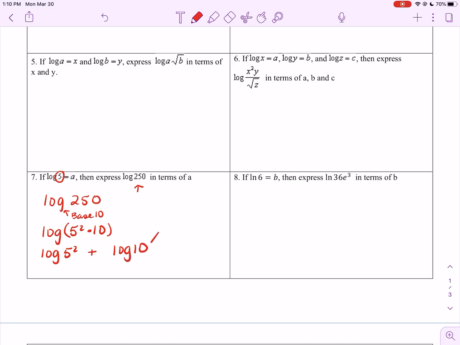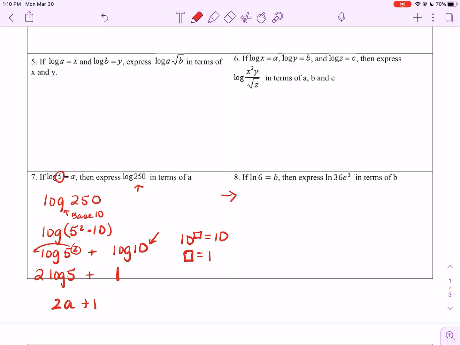The only thing is, when you go to evaluate log 10, remember, that's like saying 10 to what power gives me 10. And that's the case, that little box is going to equal 1. So that term is 1, while this term here is 2 log 5, using that exponent rule, and log 5 is equal to a. So this is 2a plus 1.